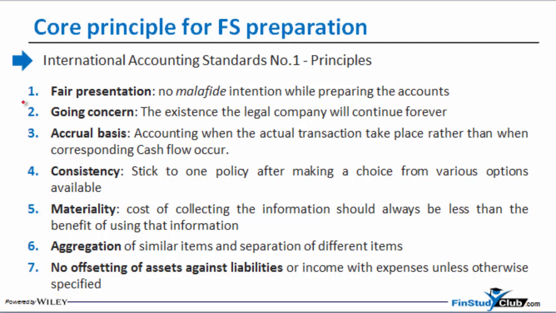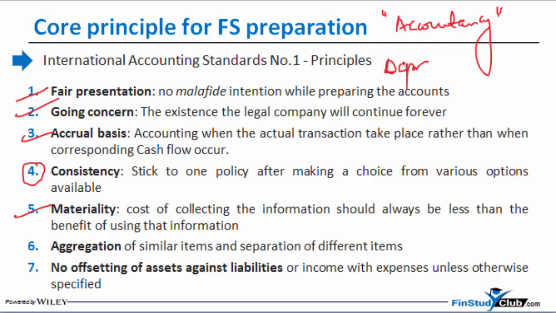One of the things I would like to explain: this we have done, this we have done, materiality we have done. Consistency is something which is very critical. Let's say we have been saying that the game of accounting is driven by accountancy, the set of rules, principles, standards which the law has allowed us to use. Now, let's say we're talking about something called depreciation.